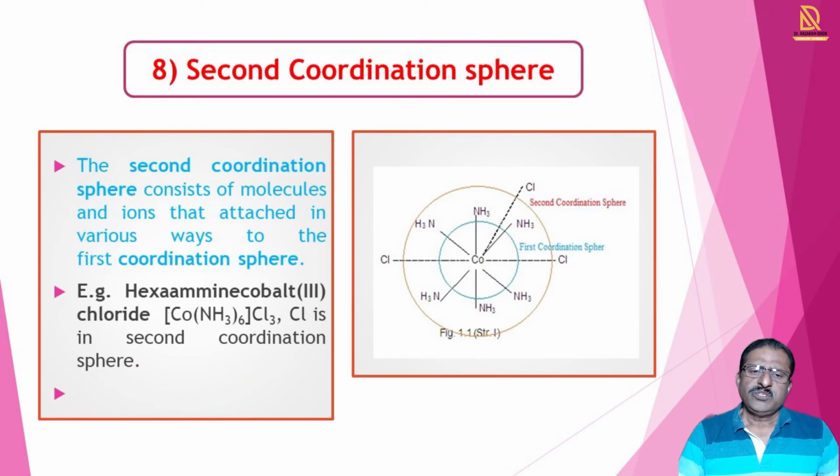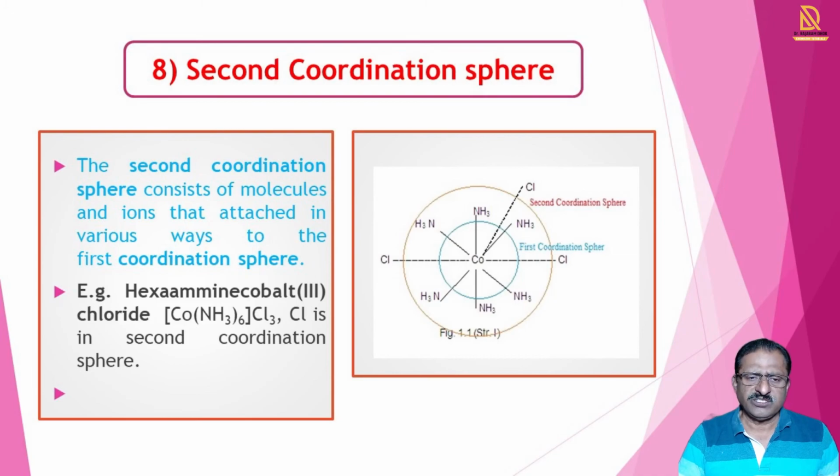So we see the concept of the second coordination sphere. We take the same example here, [Co(NH3)6]Cl3. In it, NH3 is attached on the inner side, so that is called the first coordination sphere, while Cl is in the second coordination sphere.